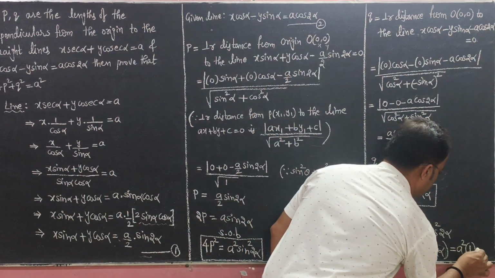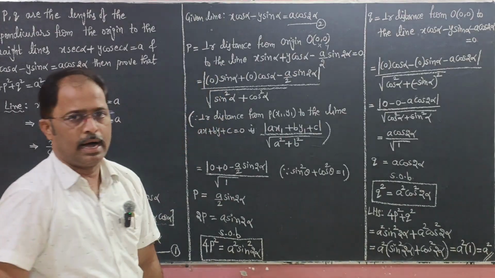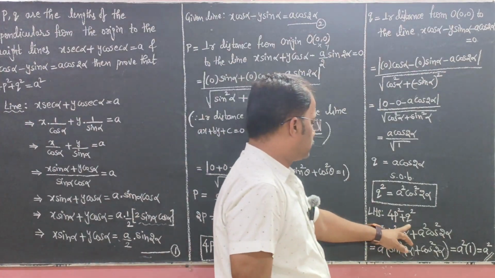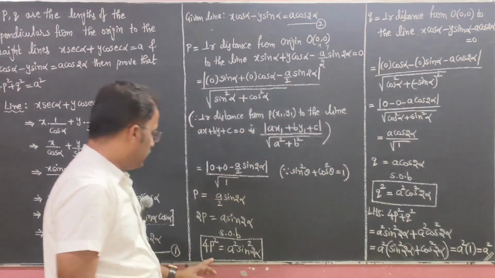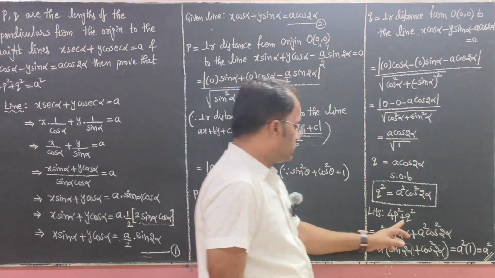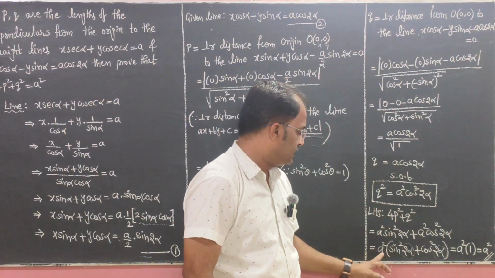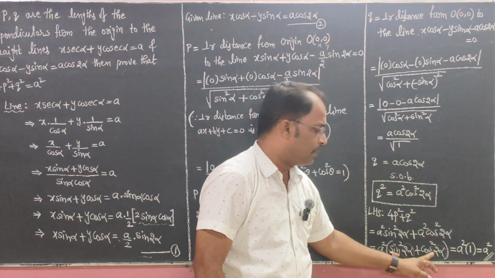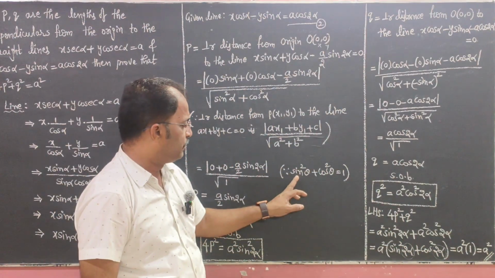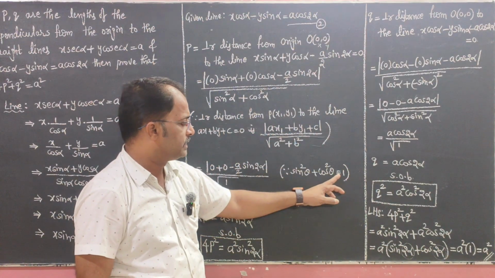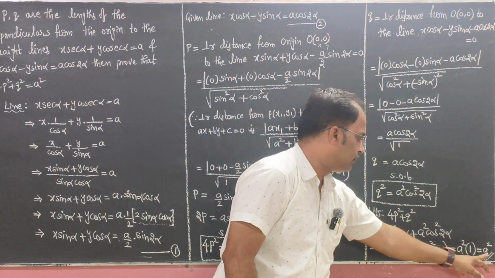A square into 1 means the answer is a square, so LHS equals RHS.